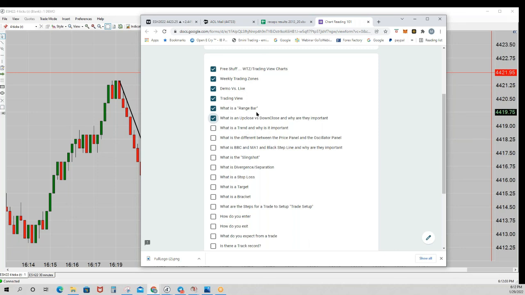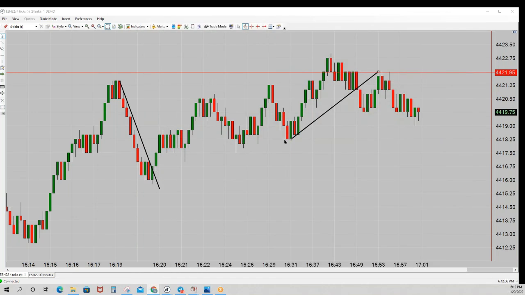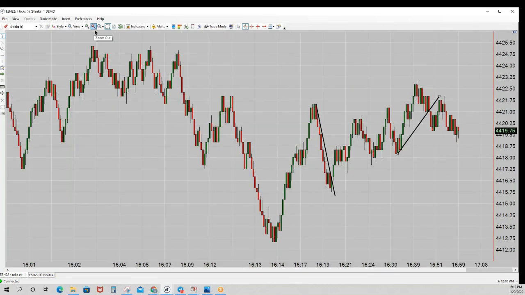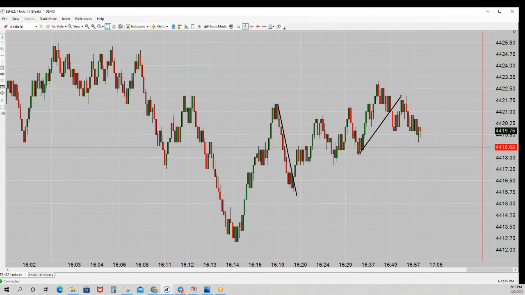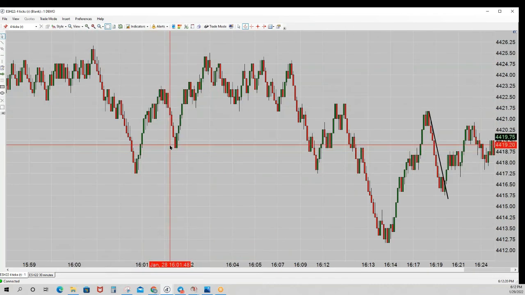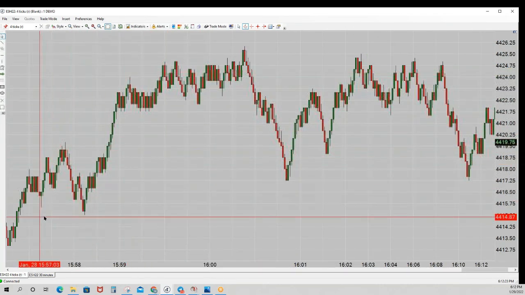Now, what is the trend and why is it important? Well, that is what determines what direction you're going to be going in. We have indicators that help us determine the trend, and I'm going to get into those in just a second. But what we want to see for the trend, we want to see higher highs and higher lows.